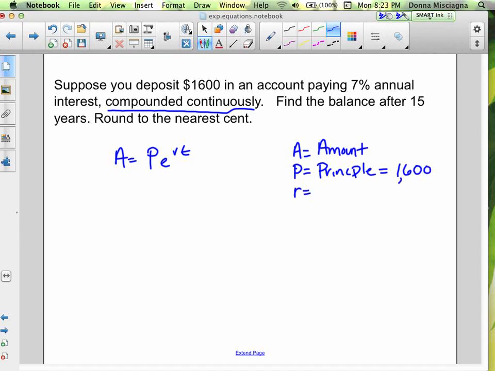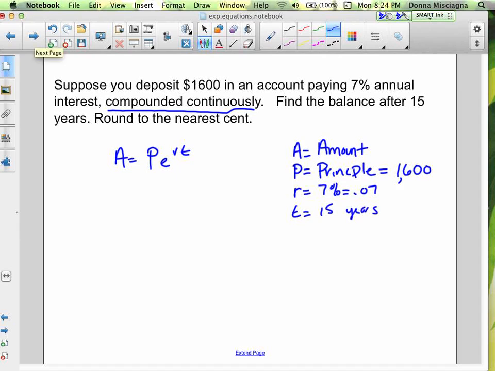R is our interest rate as a decimal. So if it's 7%, that means it's 0.07. We will never work with the percent. And time is 15 years. This will always be years.